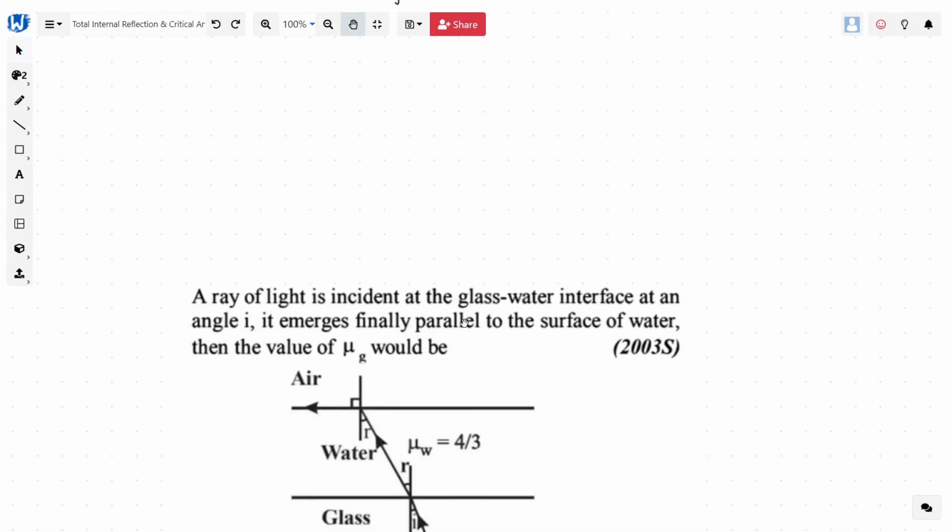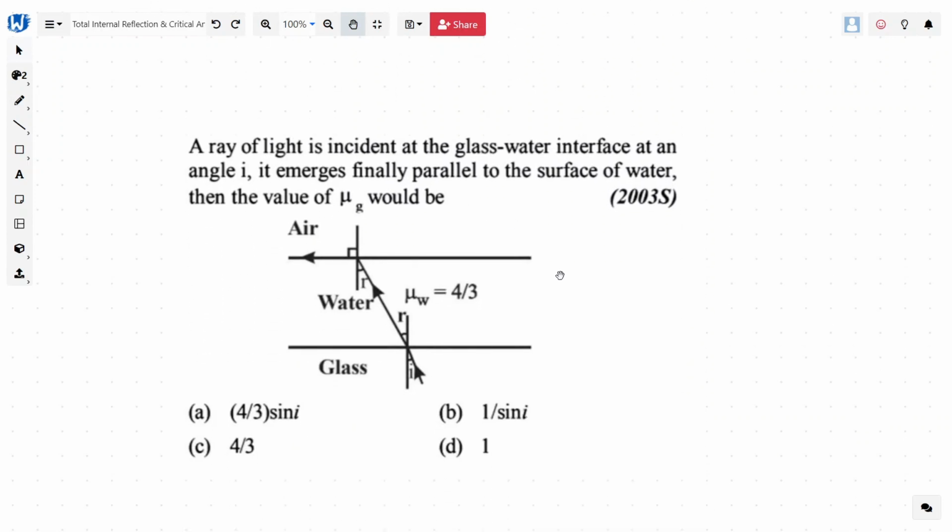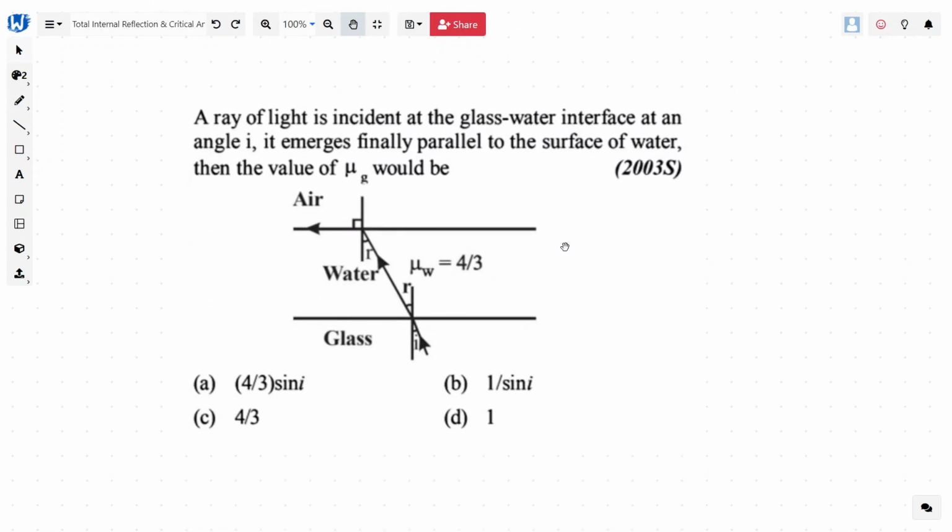Here we have a question from IIT JEE 2003. A ray of light is incident at a glass water interface at an angle I. So here is our glass, here is our water, and the ray of light is incident at an angle I. It emerges finally parallel to the surface of water. So it is going like this and emerging from there.